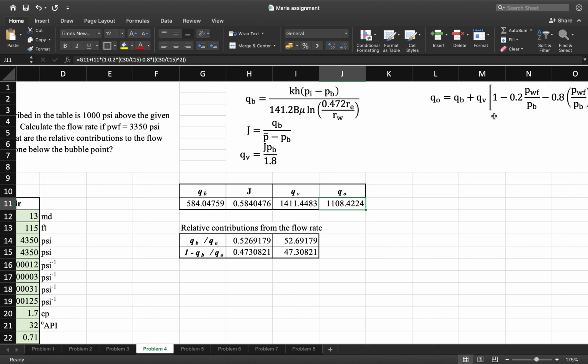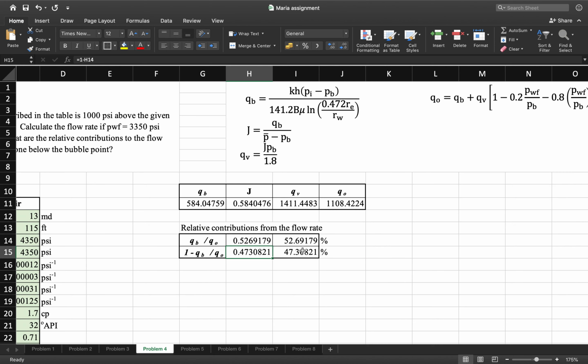After that, you will have the relative contribution to the flow rate. Here you have the Qb divided by Q0, and this one is the percentage. And 1 minus the Qb divided by Q0 is with this one.